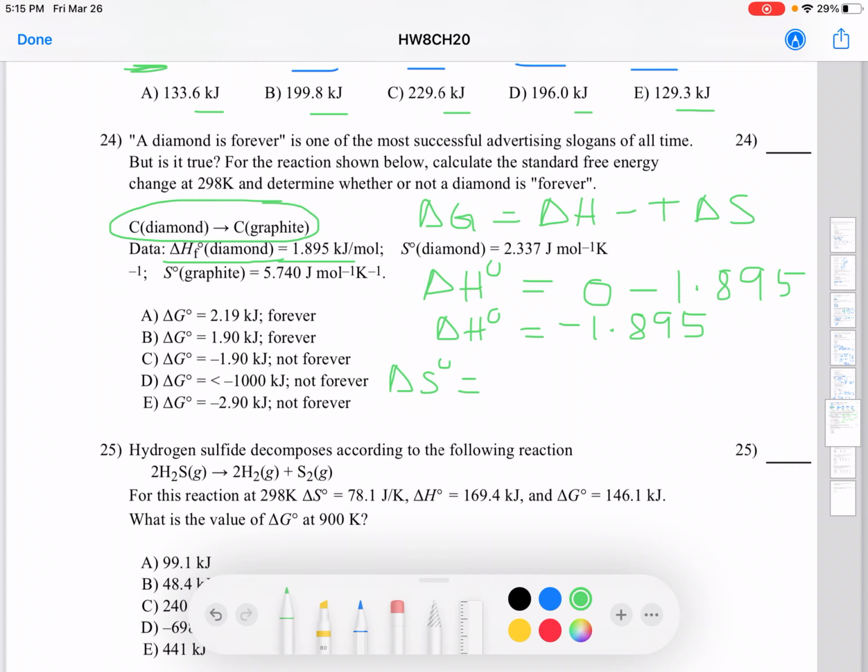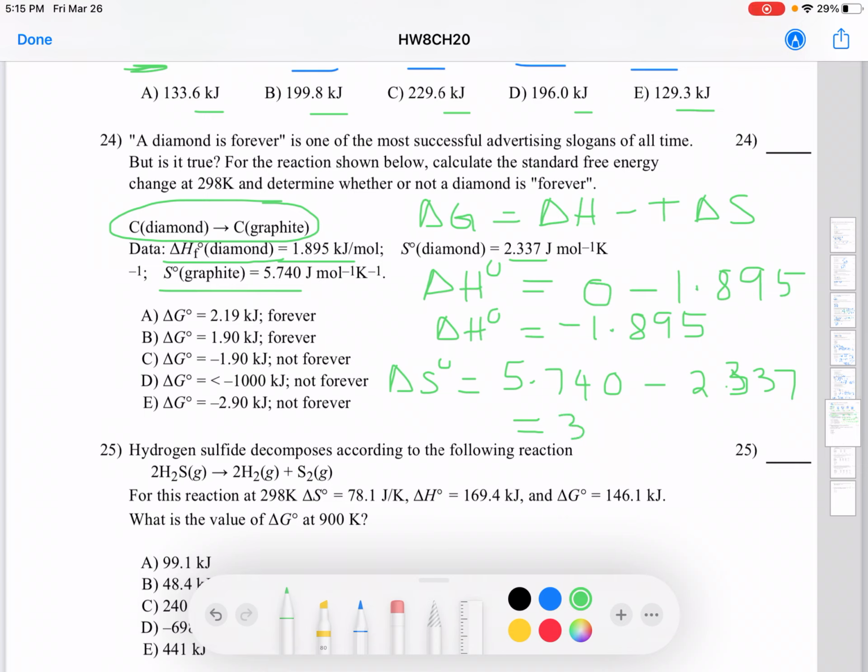And then you have to calculate the delta S naught. Again, the product minus the reactant. Product is graphite, 5.740 minus 2.337. Again, note that it will be given in joules.